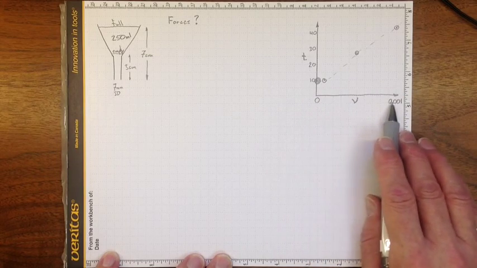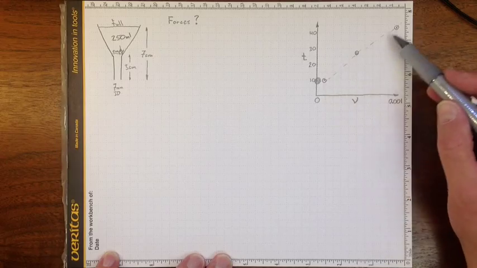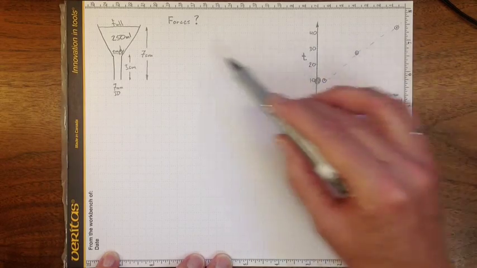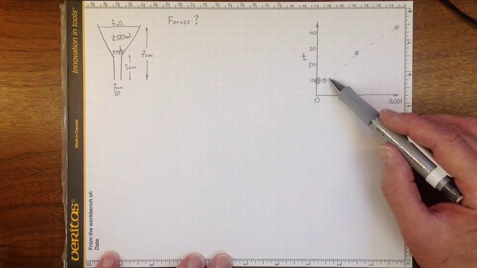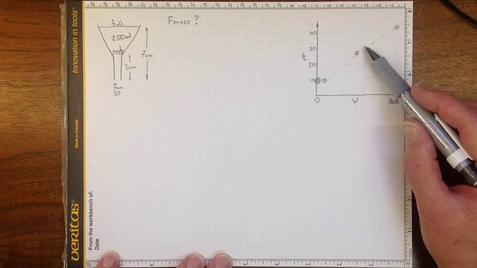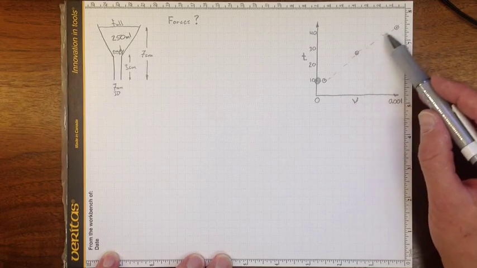So as the kinematic viscosity increased, the time that it took for stuff to come out of the funnel increased. In my case, I got something that looked like it might have been a linear variation.